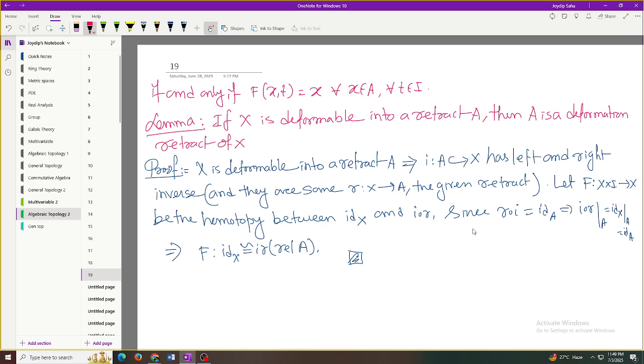Wait one minute, what did I show? Left and right inverse, okay, they are the same.